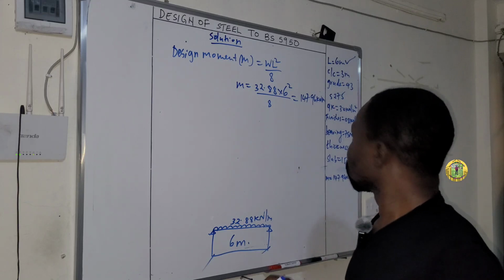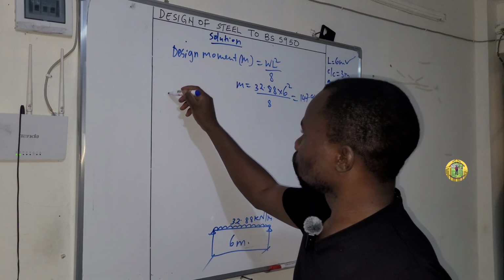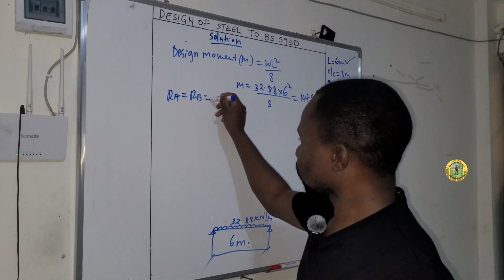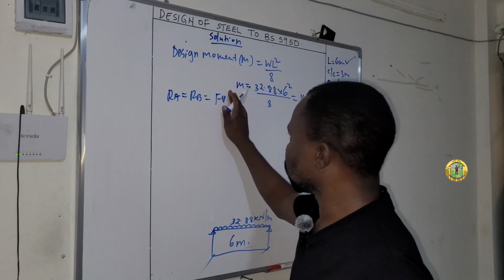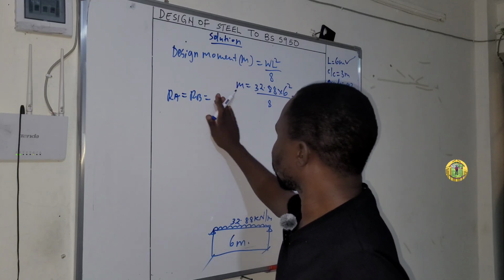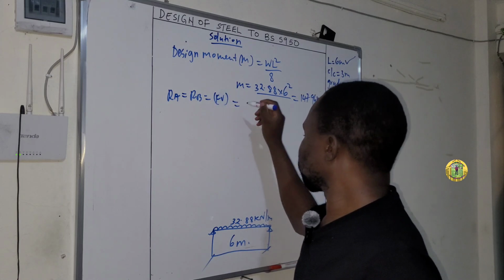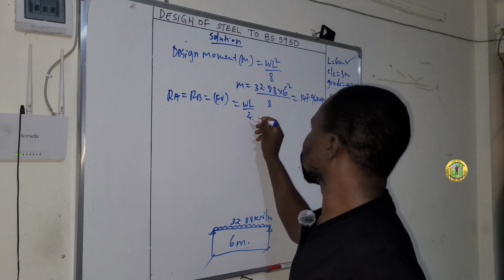And then we'll now calculate the shear force or reaction at A, which will be reaction at B, and this one is equal to design shear force, which is FV, given by this formula, WL over 2.